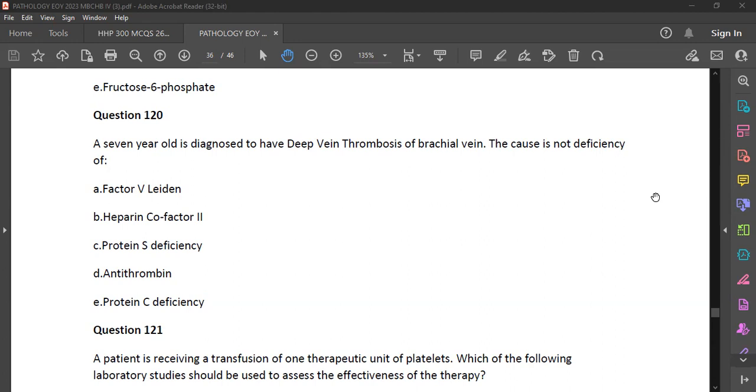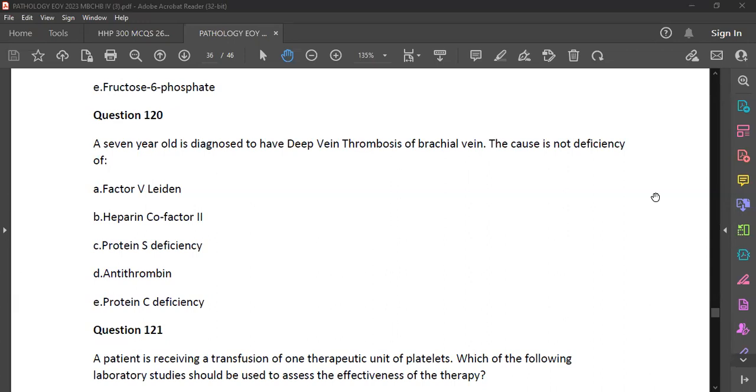What's factor 5 Leiden? When you check out protein S and protein C, the complex that it will form, protein C complex, is going to be able to inactivate factor 5 and factor 8. Yeah, those two factors are going to be inactivated by this one.